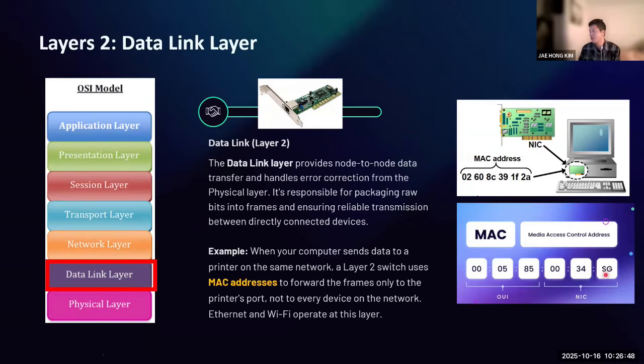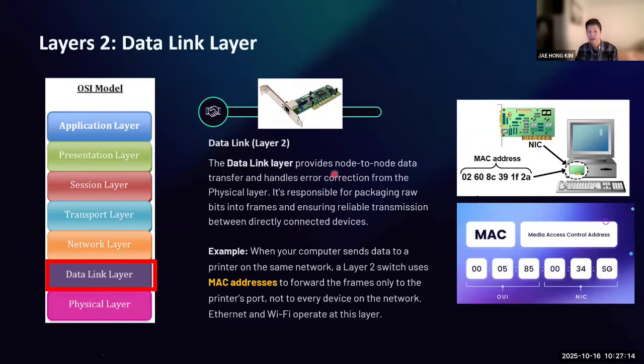The remaining 3 bytes are the NIC part, the network interface controller. Each device has a unique NIC. So from the first 3 bytes you will know which manufacturer made this network card, and the remaining 3 bytes make it a unique MAC address, the same as an IP address or your phone number.